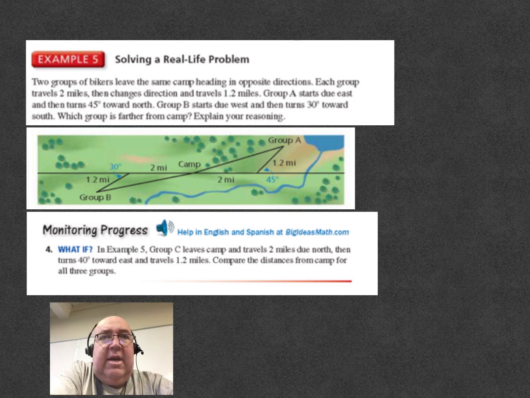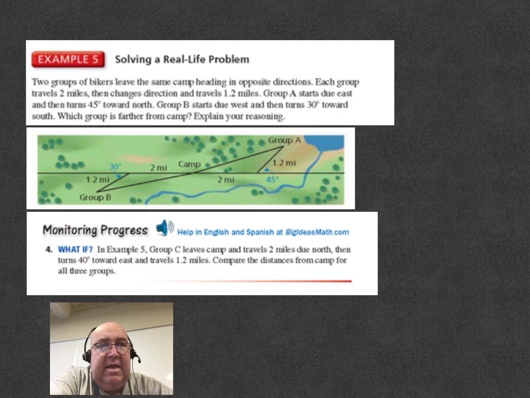Alright, so here we have two groups of bikers that leave the same base camp heading in opposite directions. Each group travels 2 miles, then changes direction and travels 1.2 miles. And then we want to find out which one's farther away from camp.